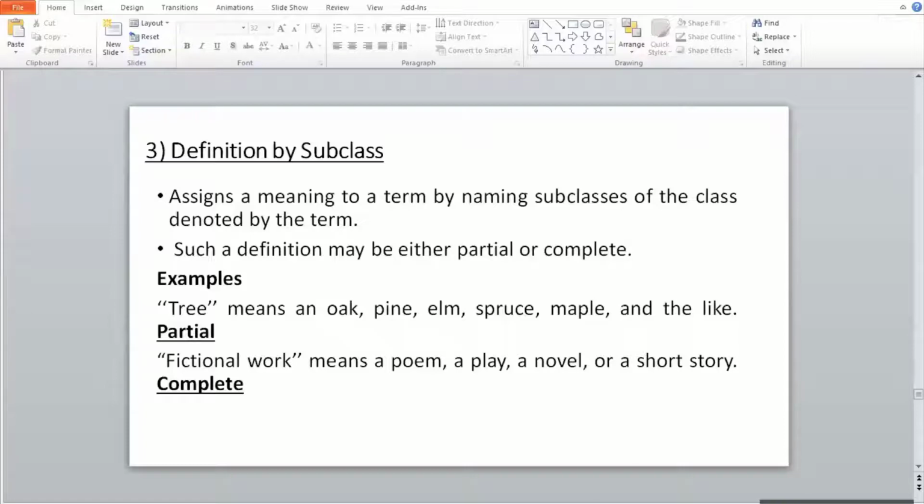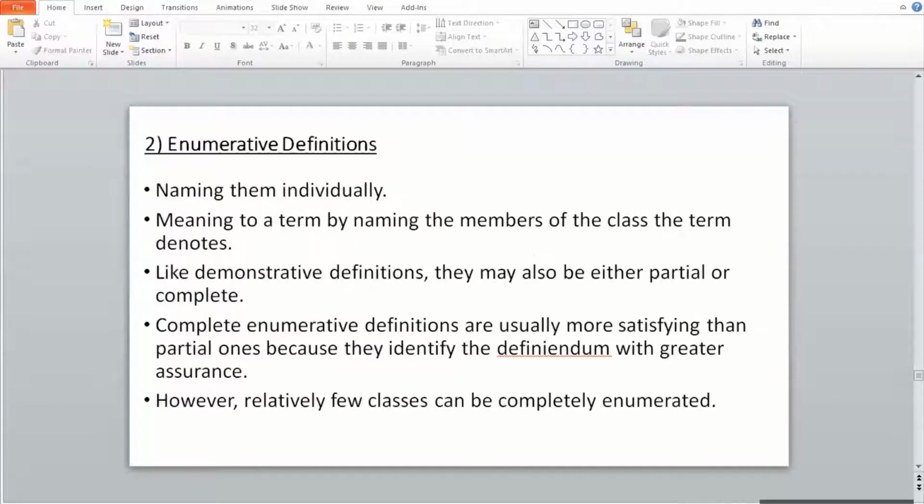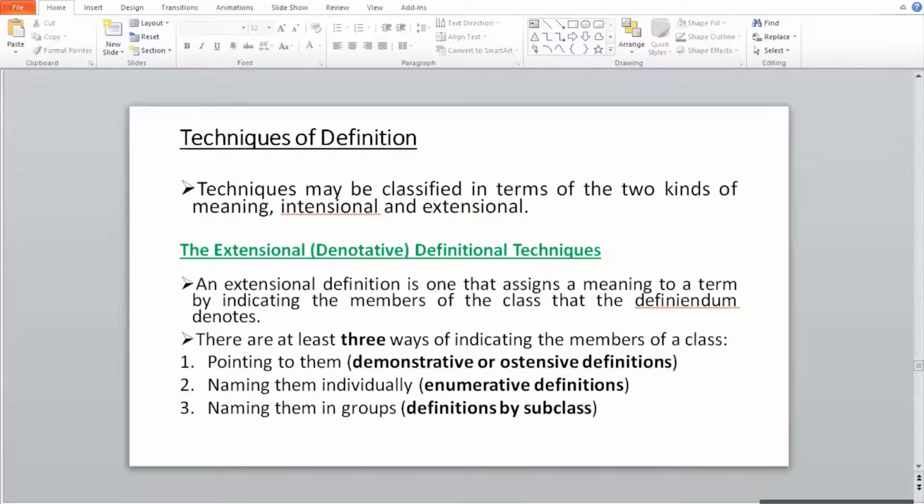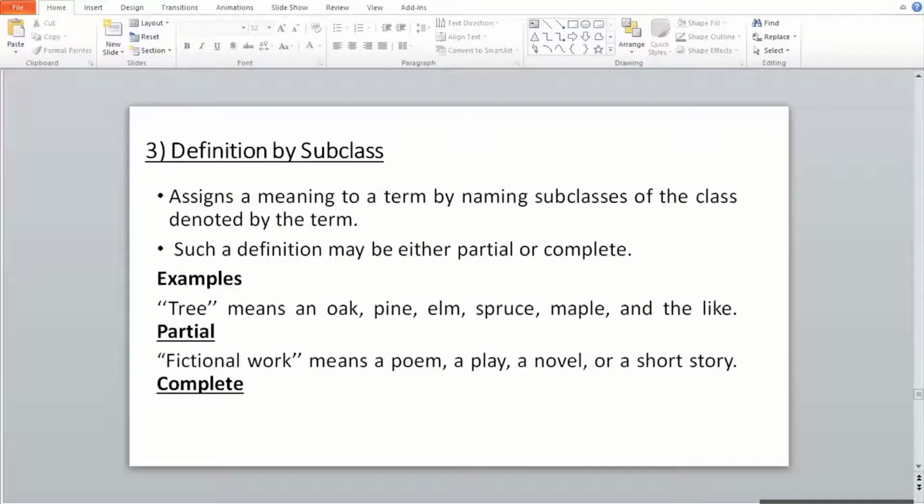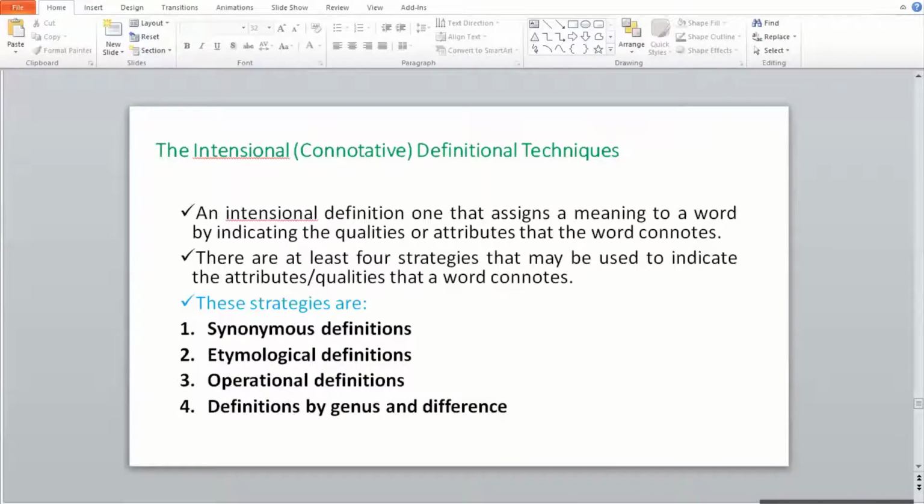So this is definition by subclass. These are the three ways of indicating members of the class in extensional or denotative definition. I think let me give you a tea break.